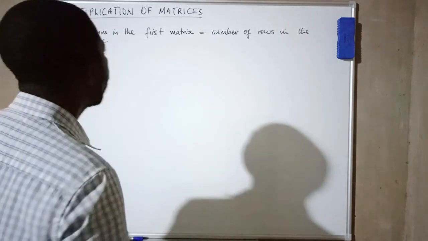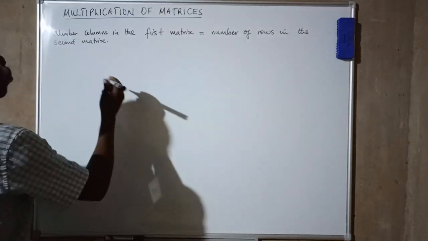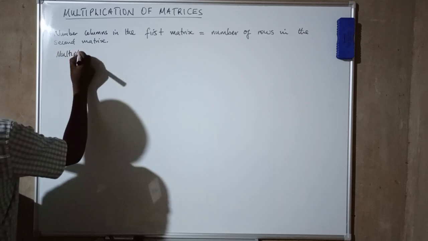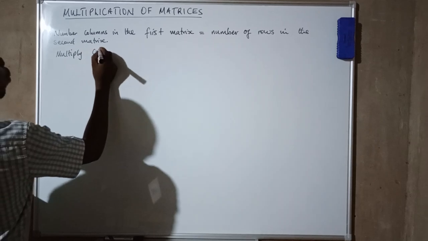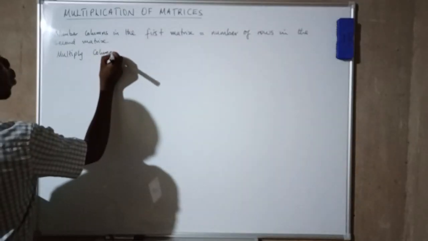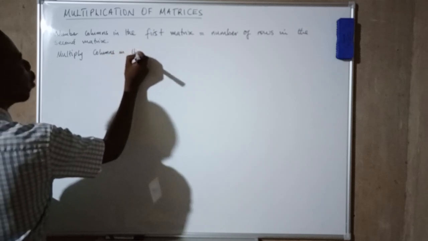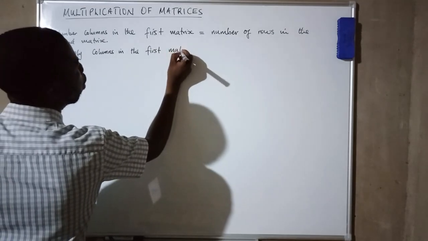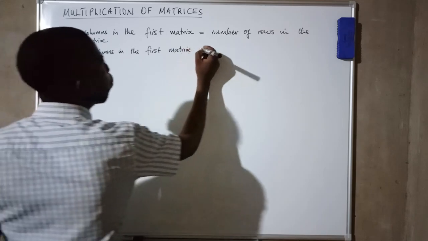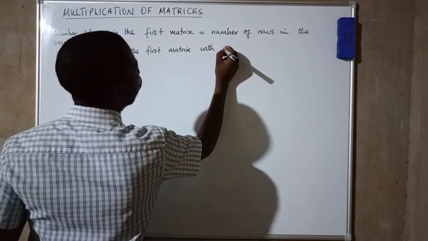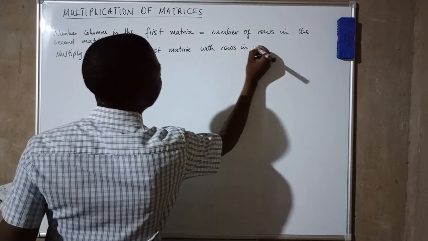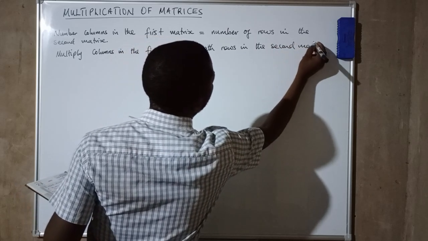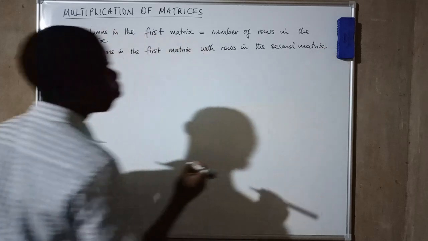So how do you multiply? You multiply columns with rows. So we multiply the columns in the first matrix with the rows in the second matrix.